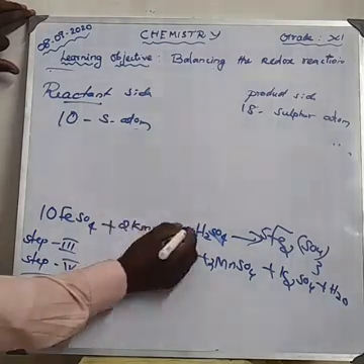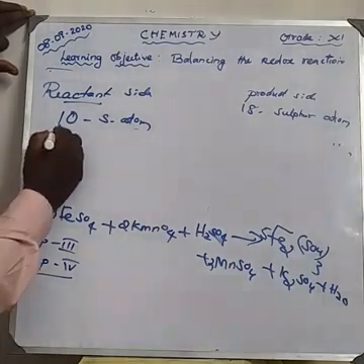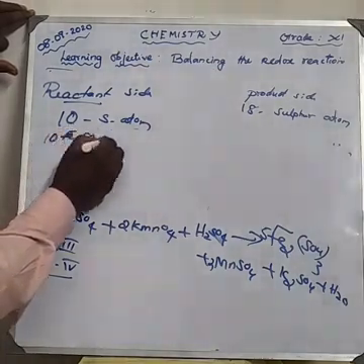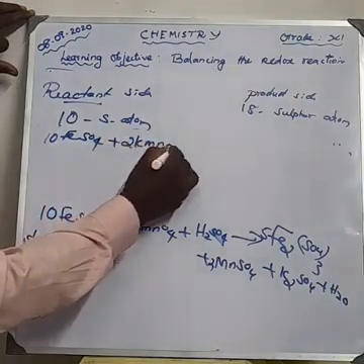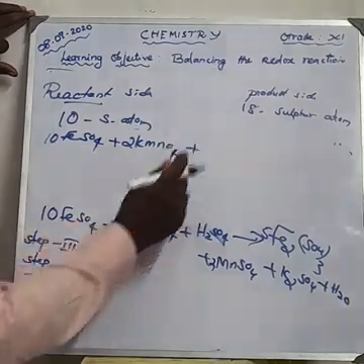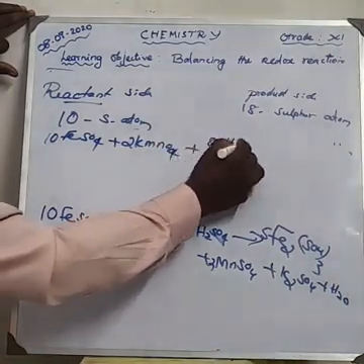Okay, so we can write the equation once again. 10 FeSO4 plus 2 KMnO4 plus here 8 sulfuric acid. Am I right? 8 sulfuric acid.